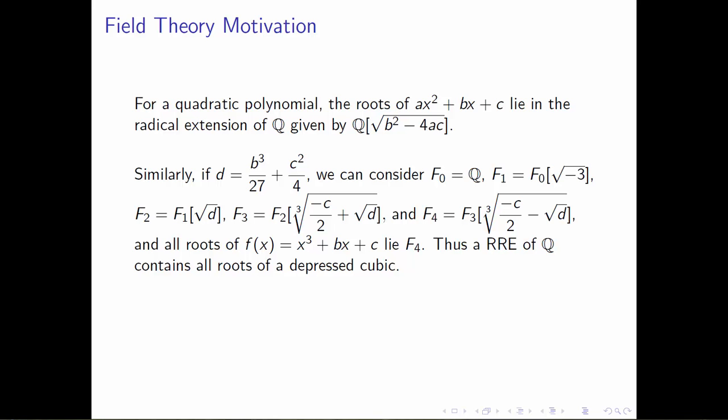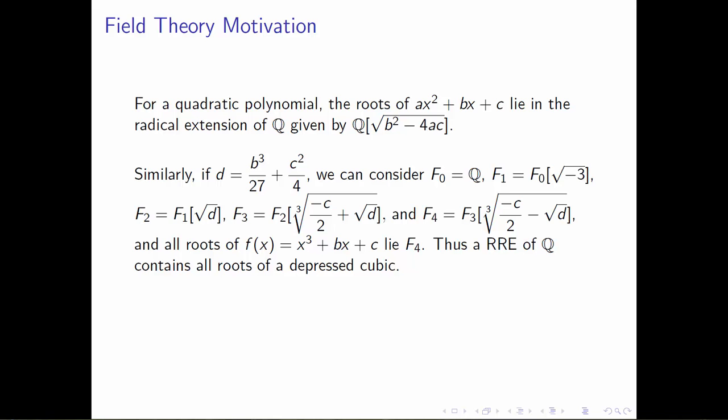We also needed the square root of this thing that we've called d here, this b cubed over 27 plus c squared over 4. The other thing that we needed to add on was then these two, the A and the B. And the A was the cube root of -c over 2 plus the square root of d, and the B was the cube root of -c over 2 minus the square root of d. So we need to add those two things on as well.